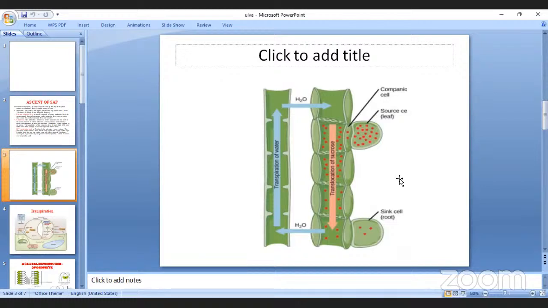Can you see this diagram? Transpiration of water is here. Is it clear first?